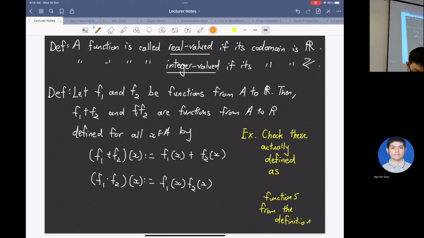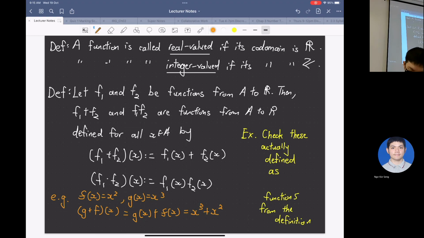So for example, just now we have f(x) equal to x squared and g(x) equal to x cubed. What is (g plus f) acting on x, which is g(x) plus f(x), which is x cubed plus x squared.